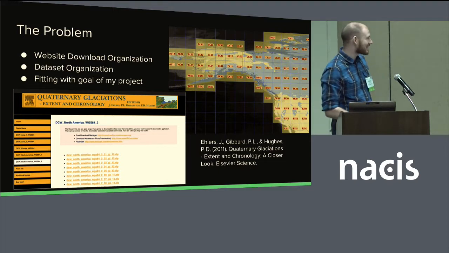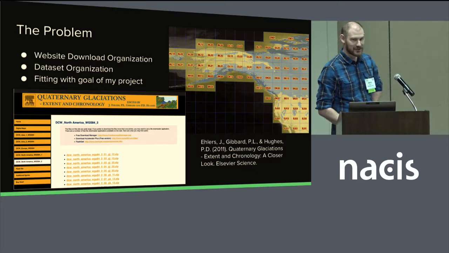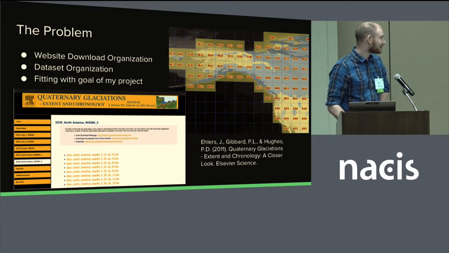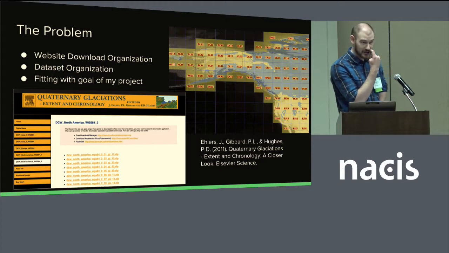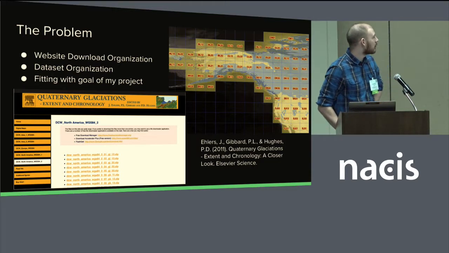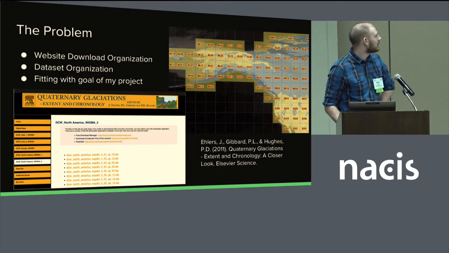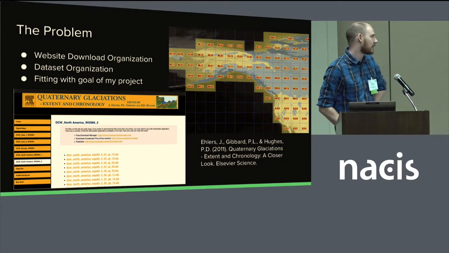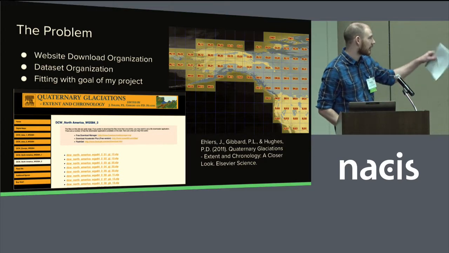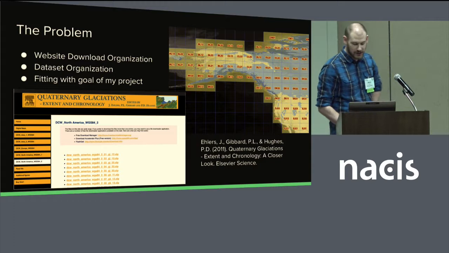It was a wonderful data set, really useful and such a wealth of information, but I don't think it was designed to be used on the scale that I was hoping to use it. So it was from the Quaternary Glaciations Extent and Chronology. There was a book report about it done in Elsevier, Nature, Science, and they have an online website with the coverage of pretty much the entire world.